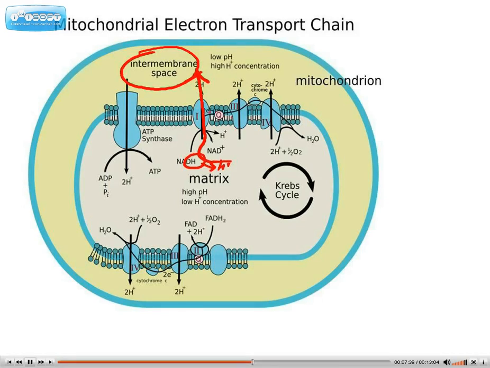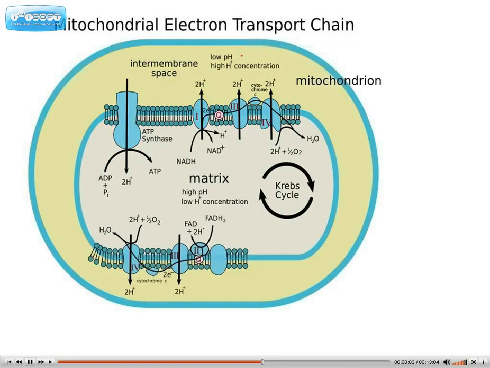So as the electrons pass through each of the metalloproteins, their function is turned on, and they pump hydrogens through. This creates a high hydrogen ion concentration in the intermembrane space.